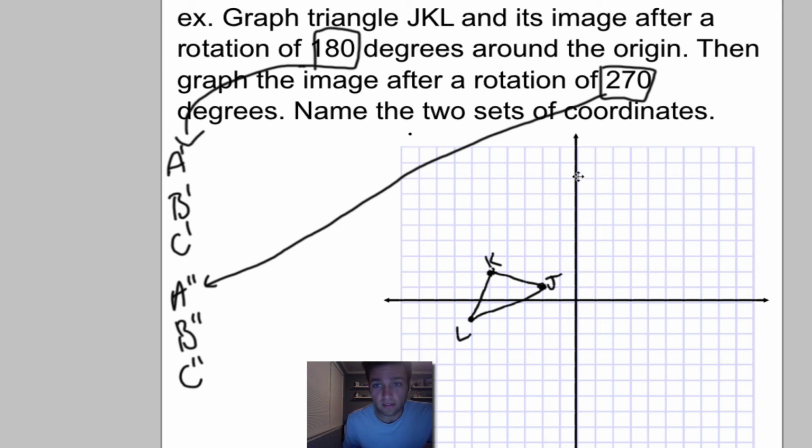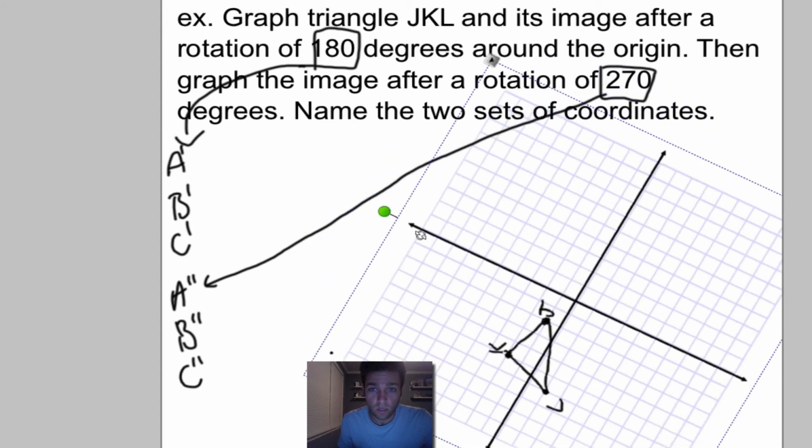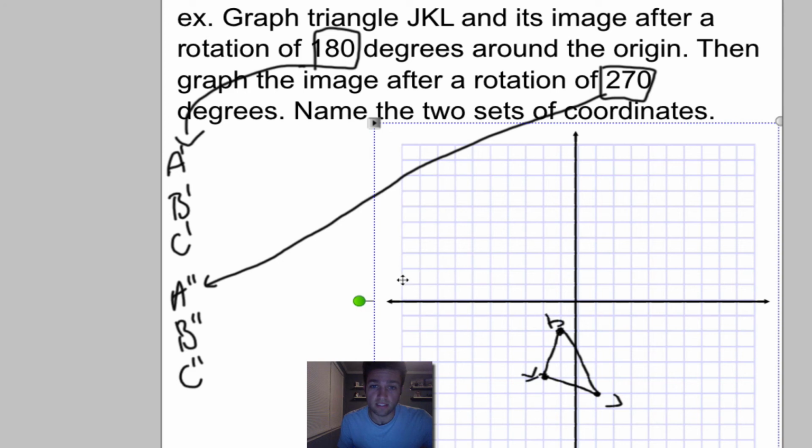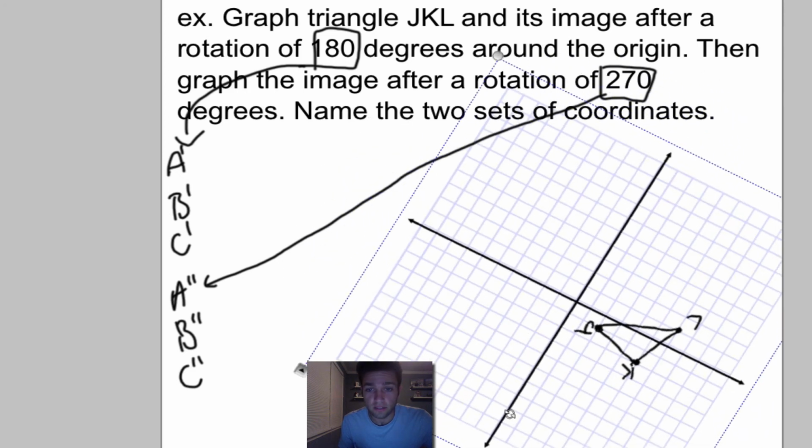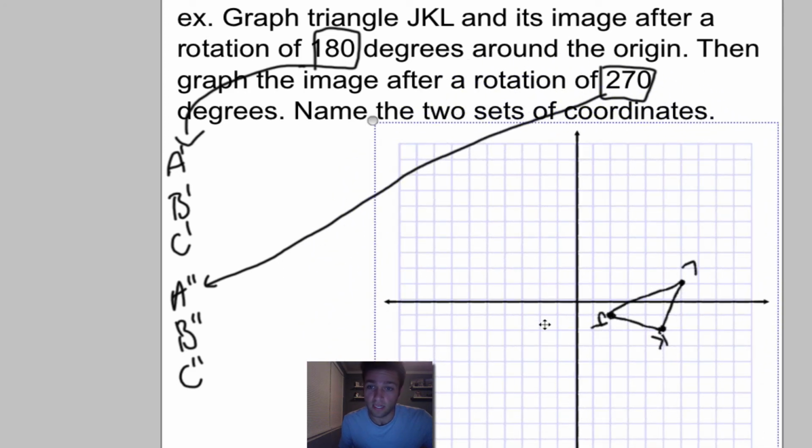After you've graphed this, take your graph paper and actually turn it 180 degrees to start. So one turn to the left, that's 90. Another turn to the left, that's 180. So now let's look at where our points are. J is now at (1, 2, negative 1).